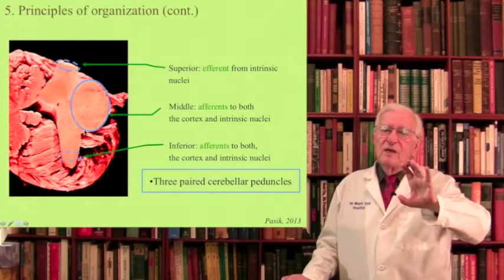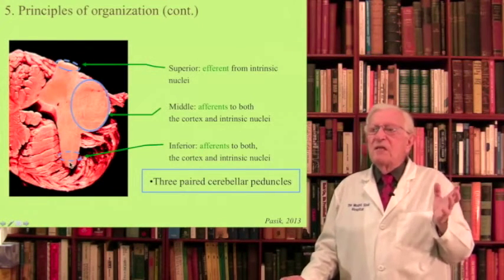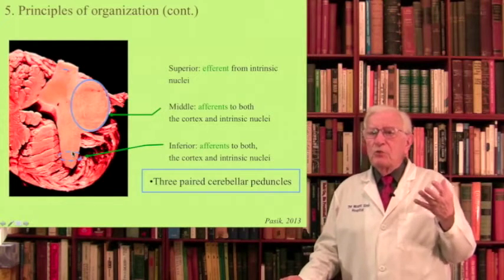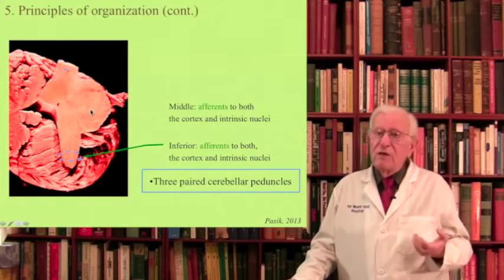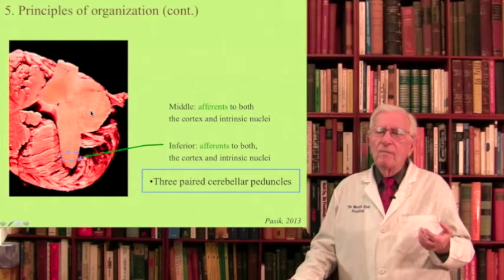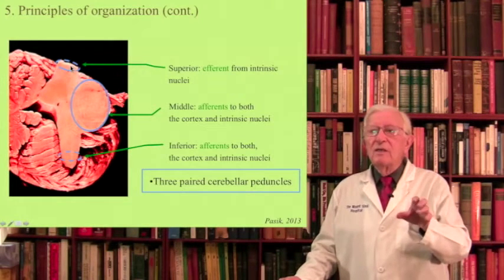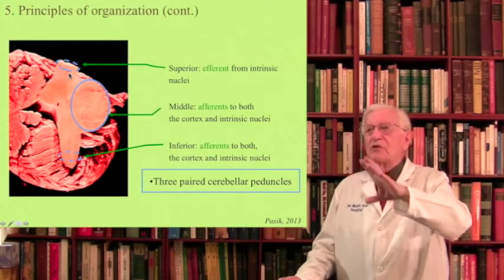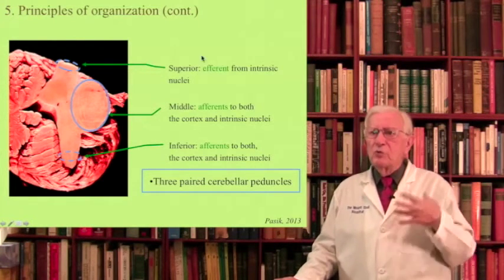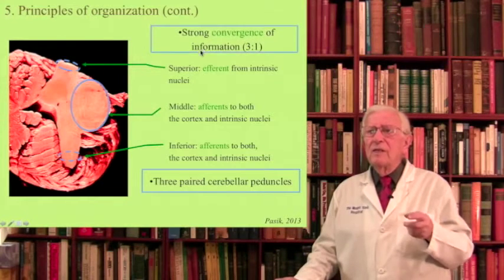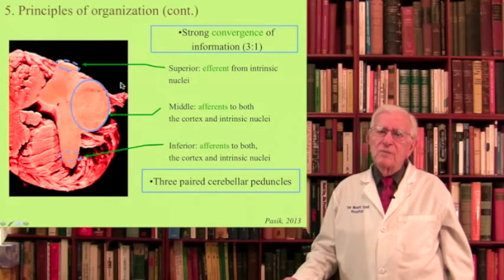So you have here 3 pairs of peduncles, from which you can see that there is a big disproportion in volume between the inferior plus the middle, that are all receiving information, and the superior, that is putting out the information to target structures. So there is a tremendous convergence of information within that machine, right? So at least 3 to 1. So that's something to keep in mind also.